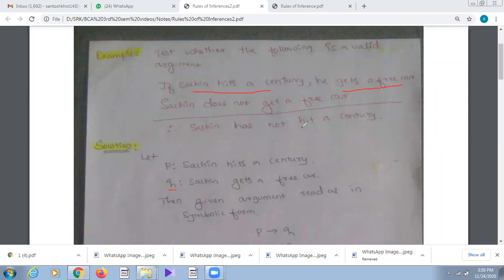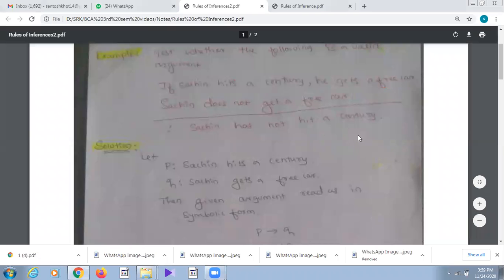Next, Sachin has not hit a century is the opposite of Sachin hits a century, so it is the negation of that sentence, and we cannot take it separately. I already took that one. Next, after identifying each statement, we have to form the symbolic form.